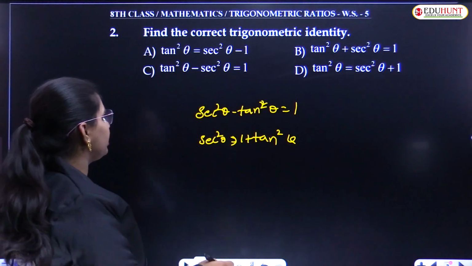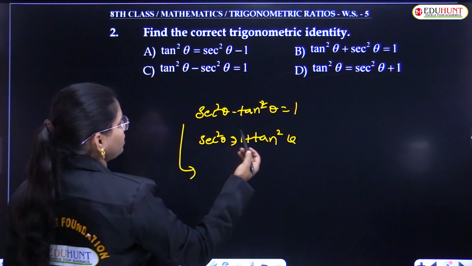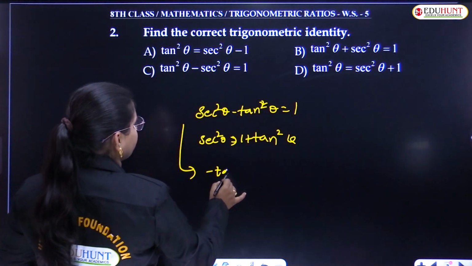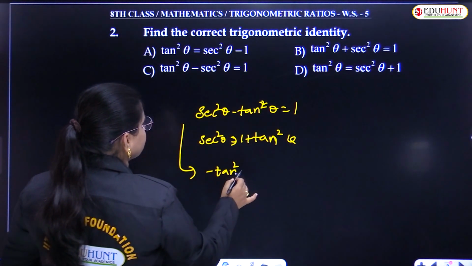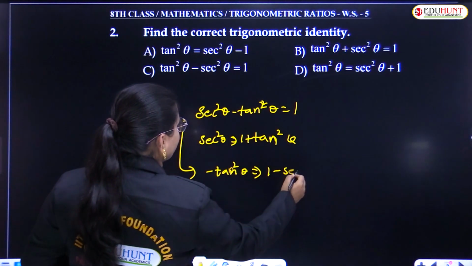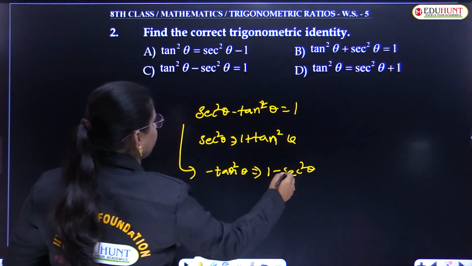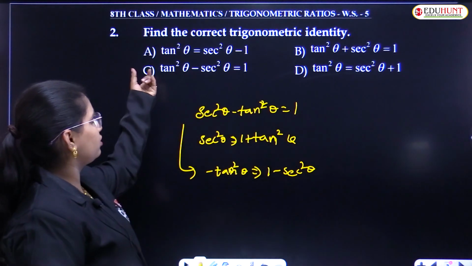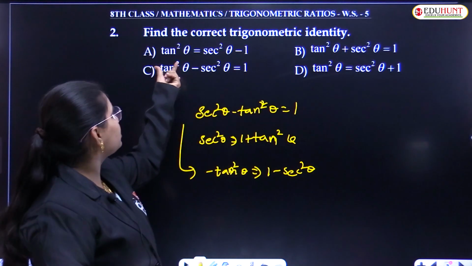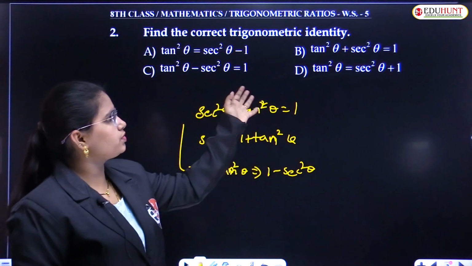We can rewrite the equation: if I want tan square theta, tan square theta is equal to 1 minus secant square theta. Even this option I cannot find. Just multiply with minus.